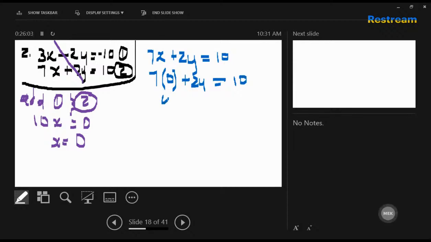7 times 0 is 0. So 0 plus 2y is equal to 10. That means y will be equal to 10 divided by 2, which is 5. So y is equal to 5.